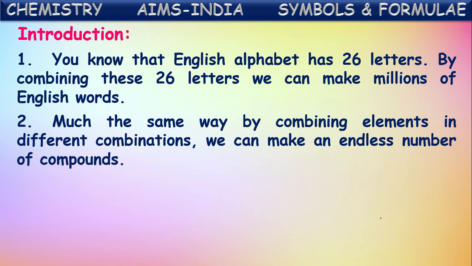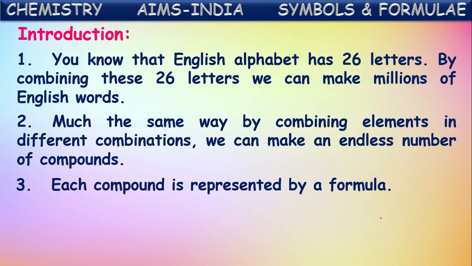There are crores and crores of compounds available, but these are all from those 118 elements only. So each compound is represented with a unique formula. Just as elements are given their unique symbols, in the same way compounds are given a shortcut notation which is called a formula.